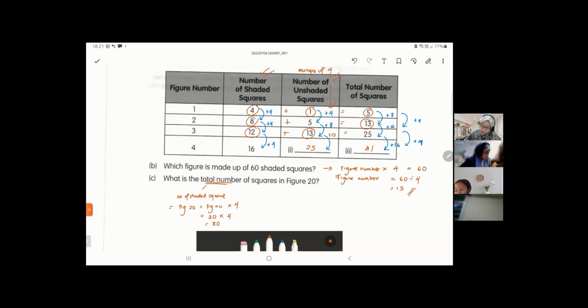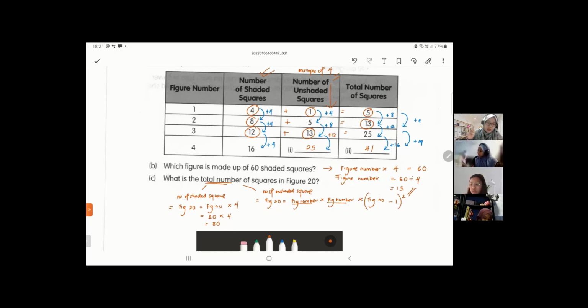Okay, so now the unshaded, number of unshaded squares for figure number 20 equals to the figure number times the figure number, plus figure number minus 1 squared. Okay, this and this is actually squared also. So figure number squared.